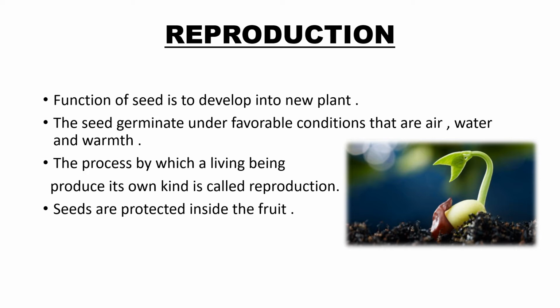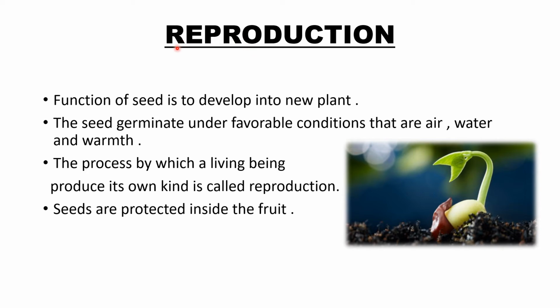Yes, now here you can see on your screen the heading reproduction. Have you ever heard this word previously? If not, then let me explain to you that reproduction means to produce their own young ones, or ones of the same kind.